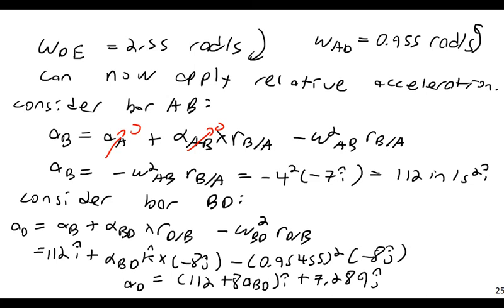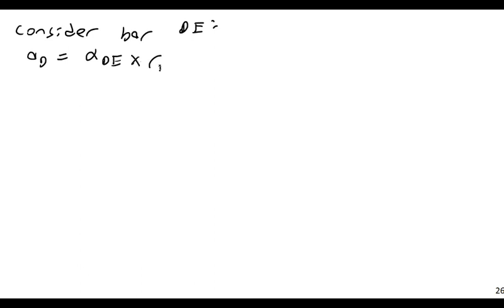Next, I will analyze bar DE. A_D is equal to alpha DE cross R_DE, minus omega DE squared times R_DE, again the vector from E to D. Alpha DE in vector form is alpha DE times k.